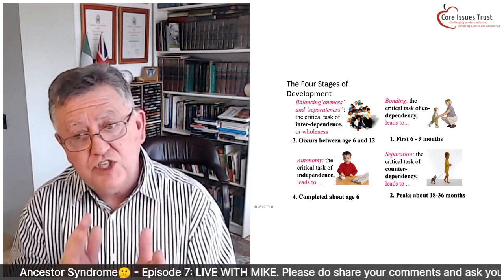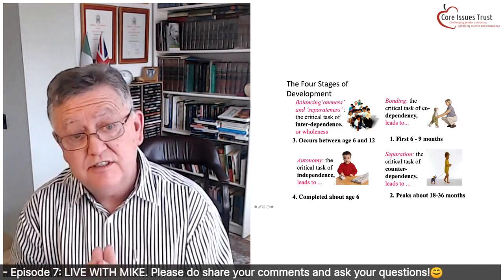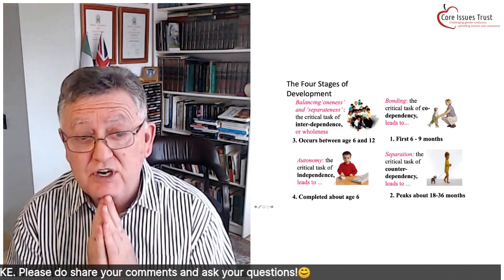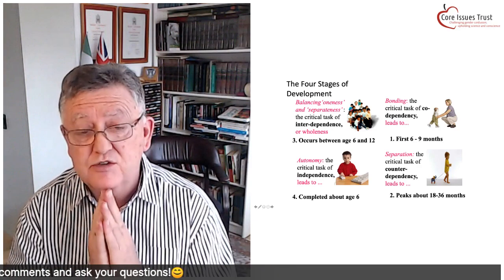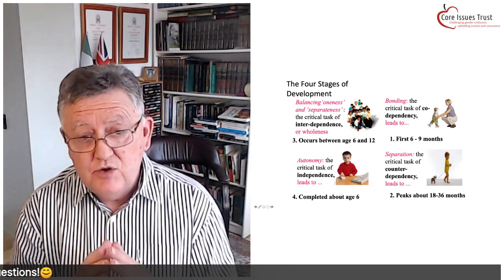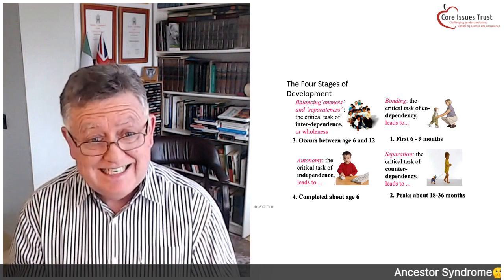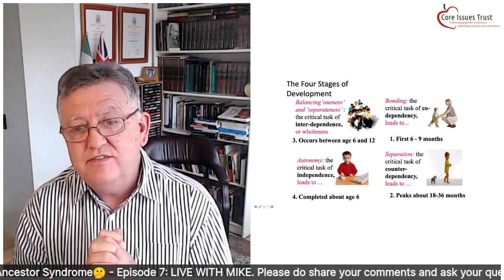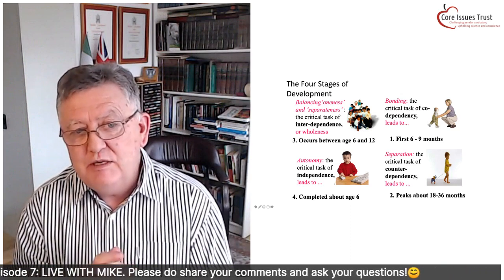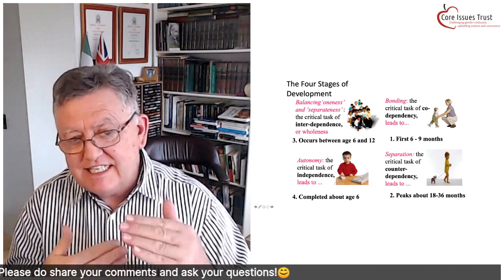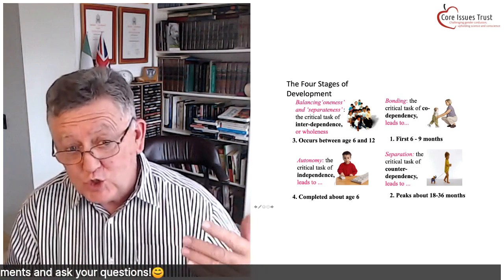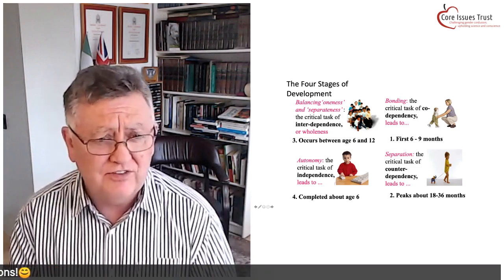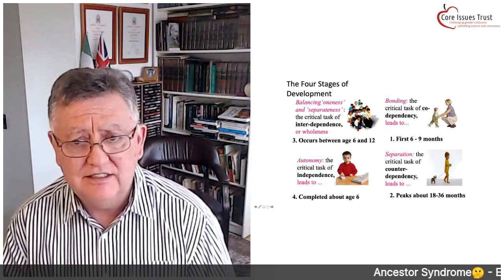But 18 to 36 months is a partial separation, and counter dependency becomes a part of his life. And then as he goes on, his sense of identity, his understanding of who he is begins to develop, and slowly but surely he is establishing his autonomous sense of self, which is absolutely vital.